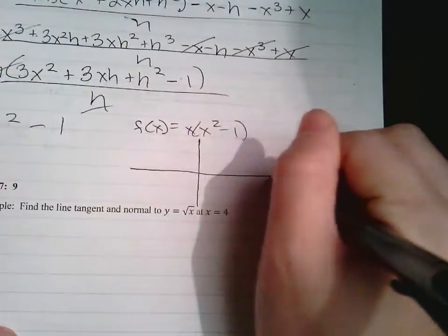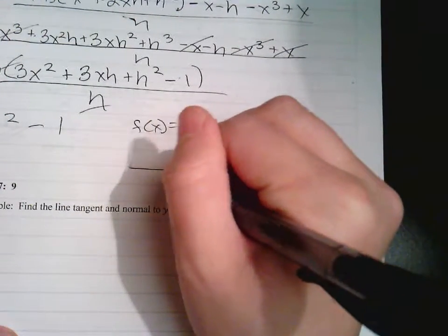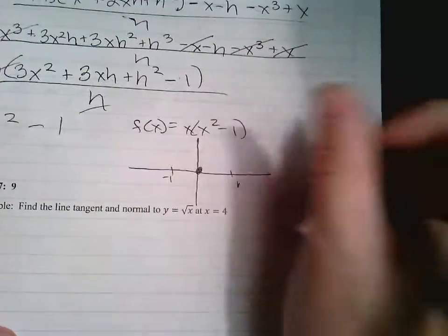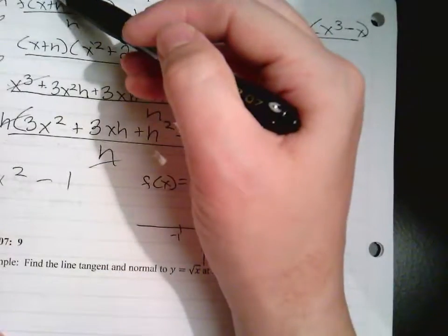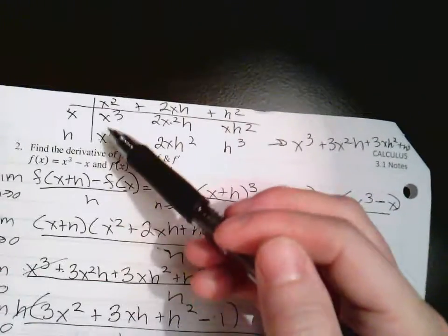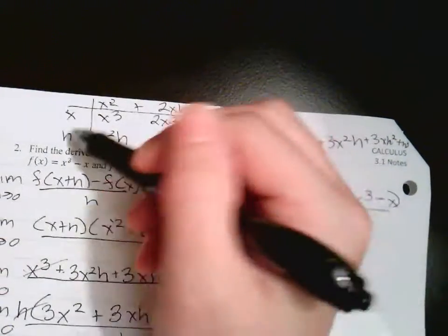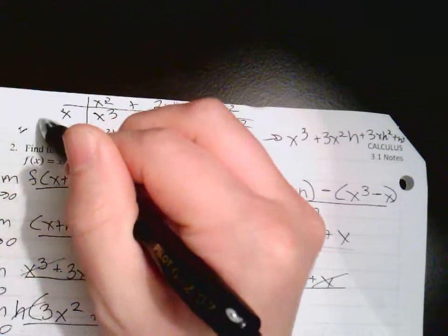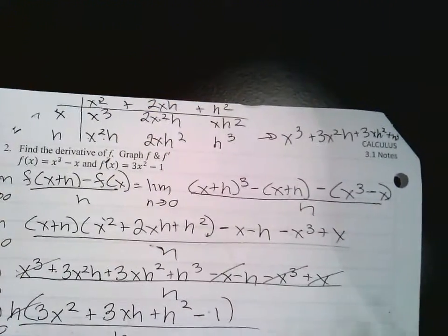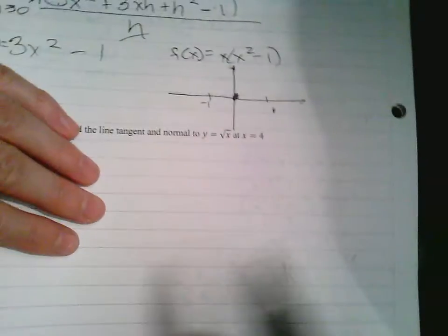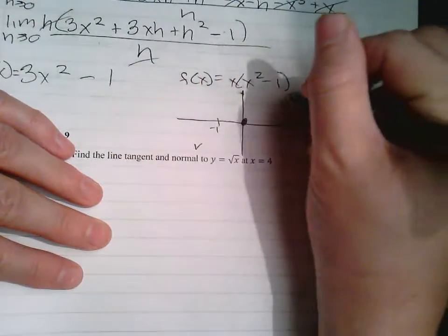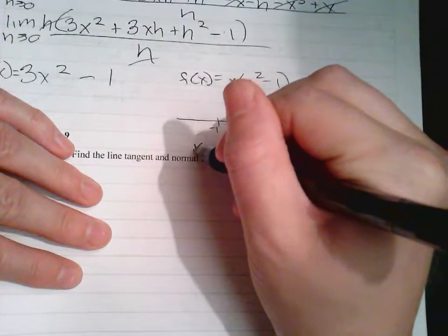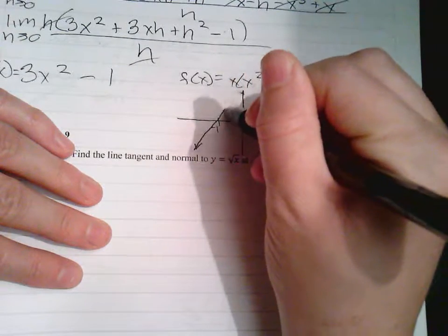X equals 0, negative 1, 1, and end behavior, it's positive and odd, so it's going to be down on this end and then up on this end. If you don't know what I'm doing, just look at end behavior again. So it's going to start down here and end up there. Okay, looks something like that.